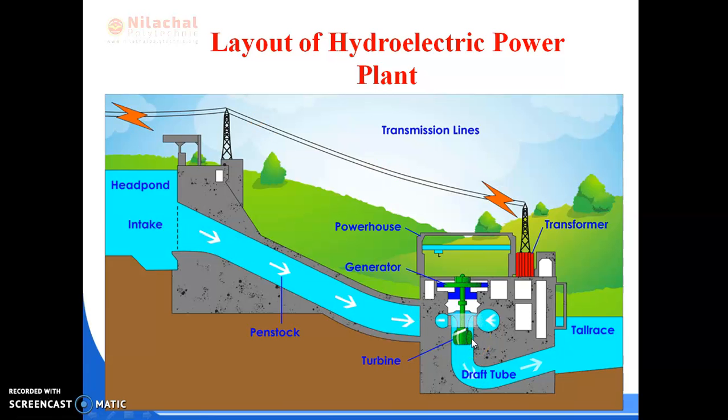Due to the movement of the blades, the runner rotates the shaft and we get mechanical energy, which is coupled with the generator shaft. By means of the generator unit, we produce the electrical power. This symbol shows that the electrical energy has been obtained from the mechanical energy at the output of the shaft.